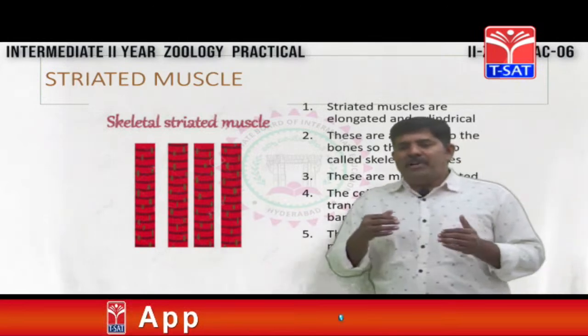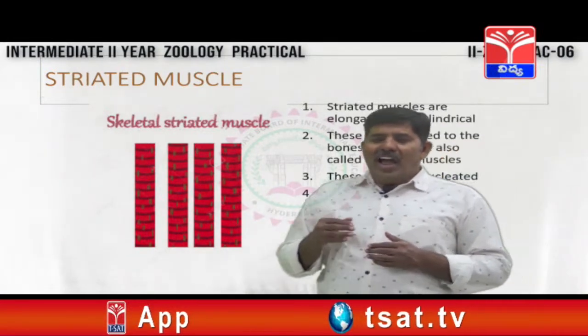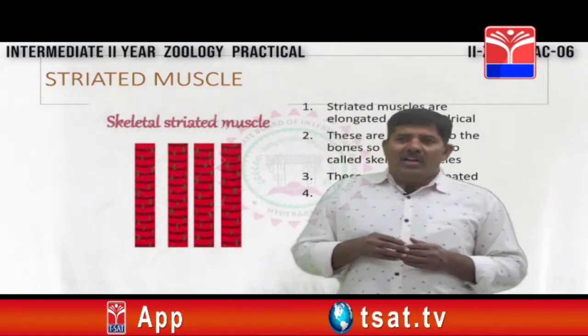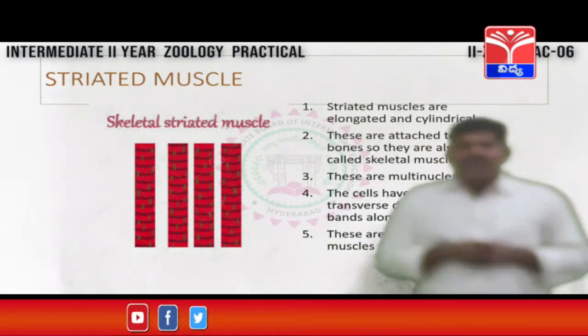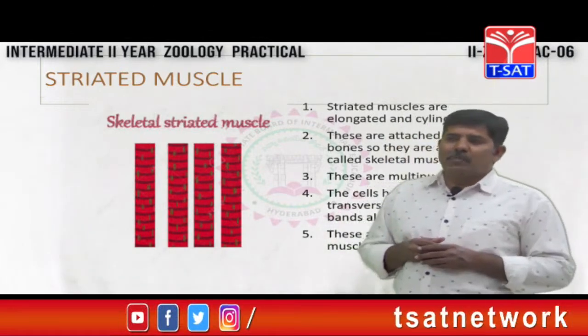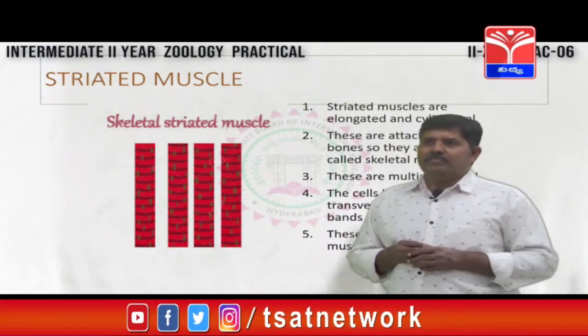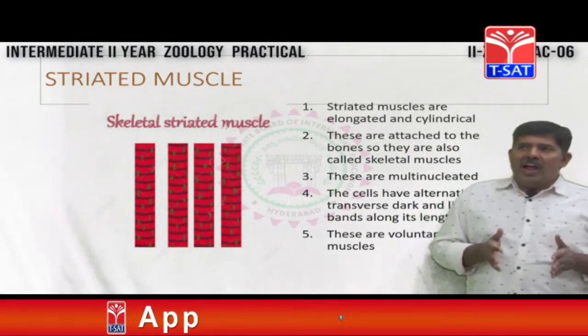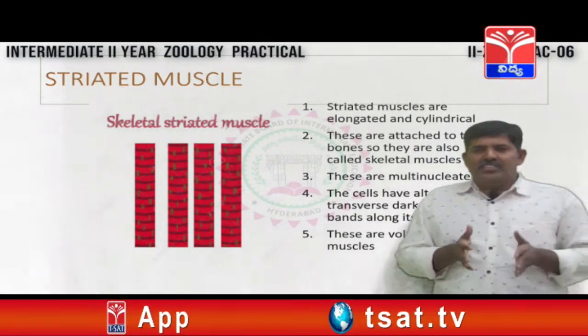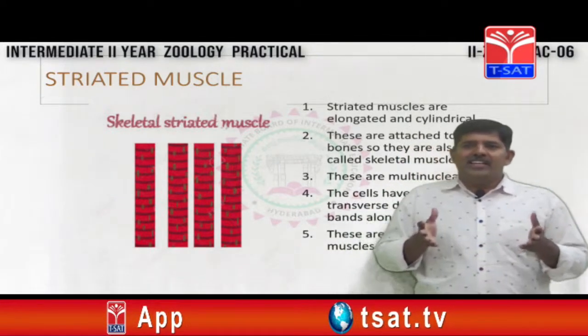The muscle fibres contain light and dark bands along their length, so they are called striped muscles. And because they are elongated and cylindrical in shape, they are called striated muscles.